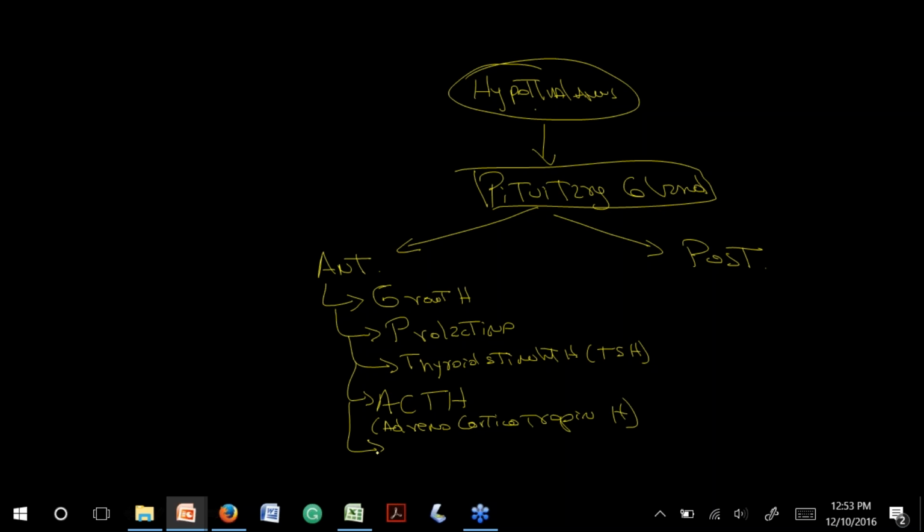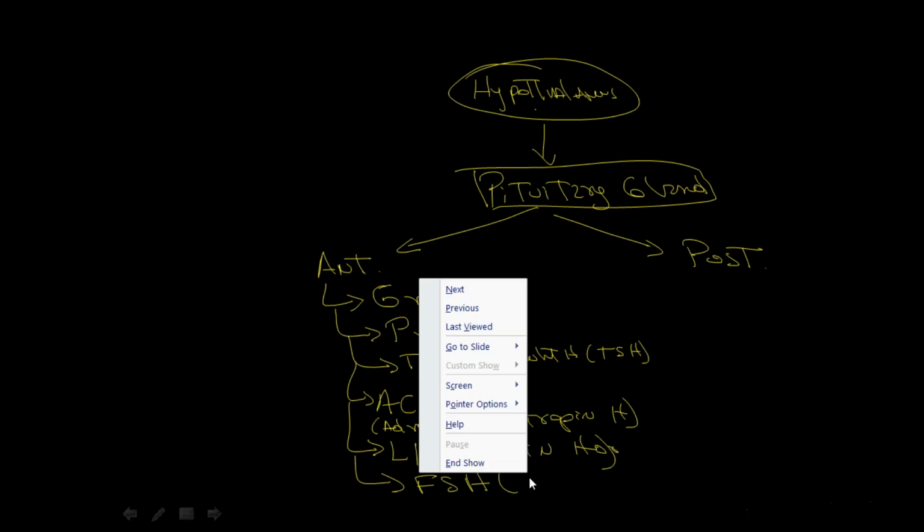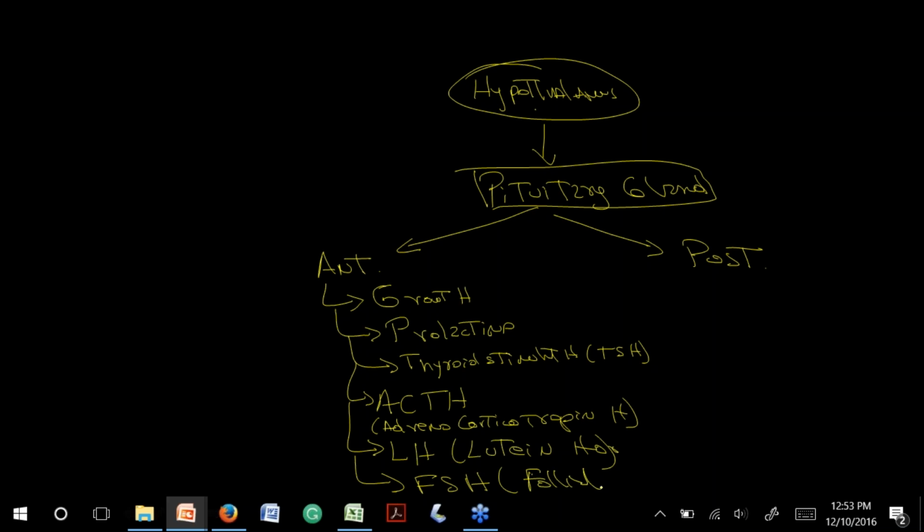We have L, the LH, the luteinizing hormone. And at the end F, the FSH, the follicle stimulating hormone. So the anterior pituitary gland, you can remember with this word, GPTAL. We are going to use that in maternity, so it's kind of a coincidence, but it's good. GPTAL: growth, prolactin, thyroid, TSH, ACTH, LH.